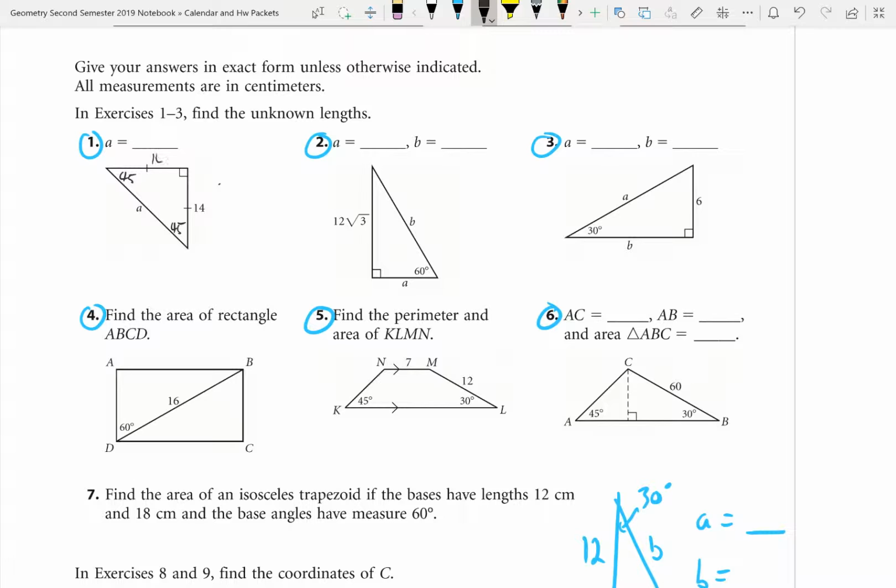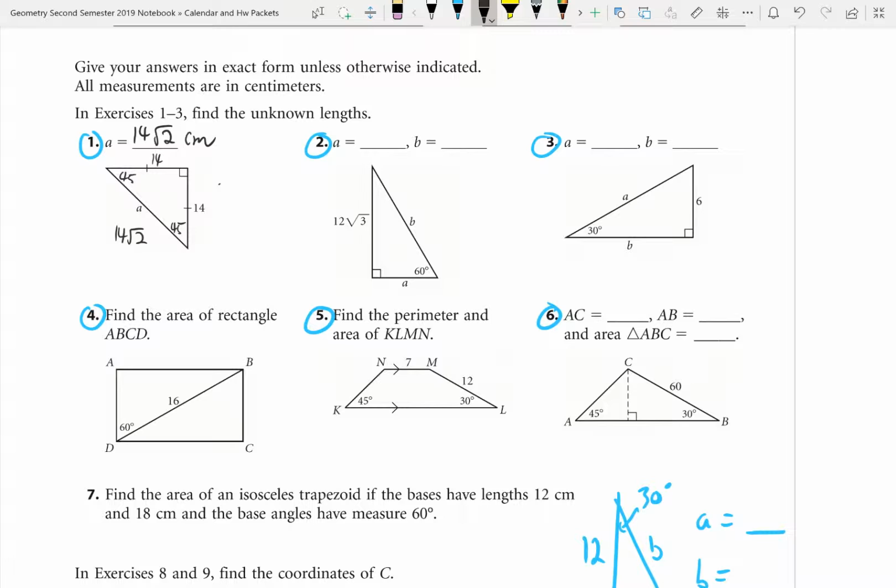That makes this 14, and that makes this 14 root 2. So make sure you leave your answers as 14 root 2, and all answers are in centimeters, so include units on that one.